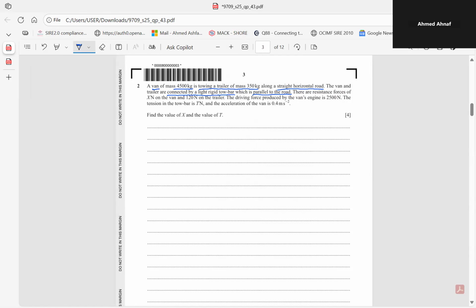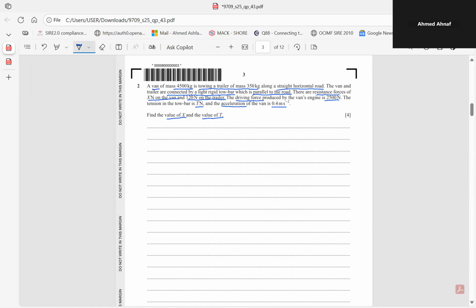There are resistance forces of X newtons on the van and 120 newtons on the trailer. The driving force produced by the van is 2,500 newtons. The tension in the tow bar is T newtons, and the acceleration of the van is 0.4 meters per second squared. Using all this information, you have to find the value of X and the value of T.